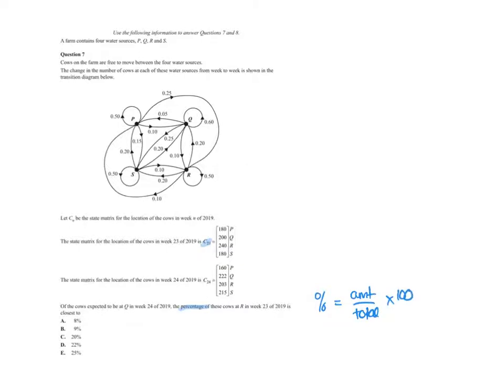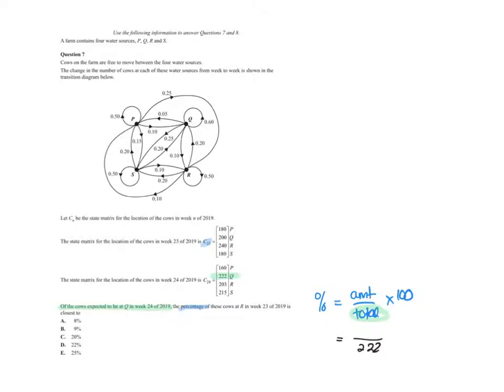So when you hear the words "of the cows expected at Q in week 24 of 2019", that's going to be your total. So that means this is my total. So down here when I'm working this out, the total is going to be 2, 2, 2.